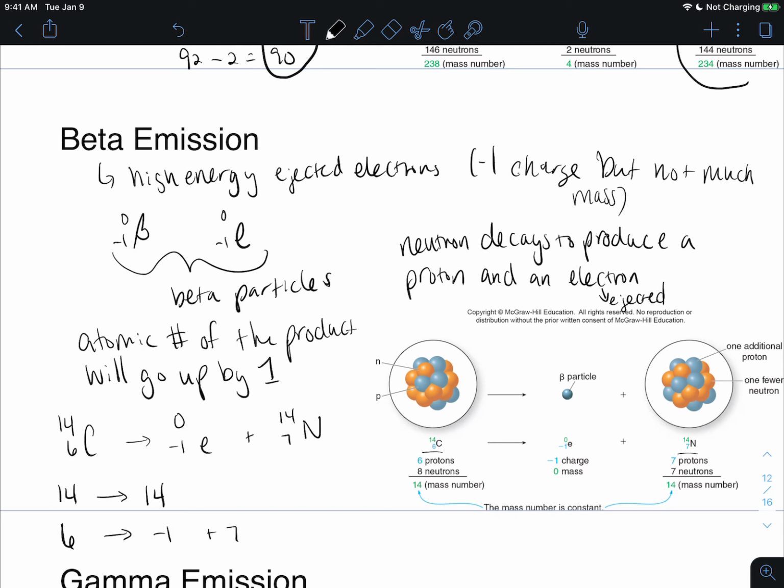And that's our beta particle, right? And then this attaches to there. So we have 1 fewer neutron, 1 additional proton. So beta emission is also a neutron decay.